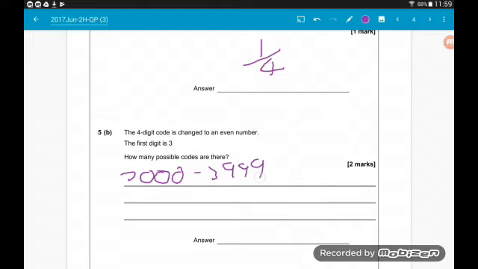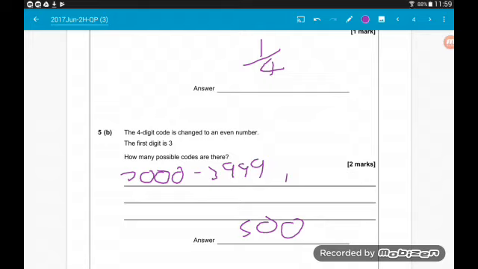Now that gives us 1,000 possible combinations. So half of those are going to be even. So what's 1,000 divided by 2? 1,000 divided by 2 is 500. So our answer is 500.